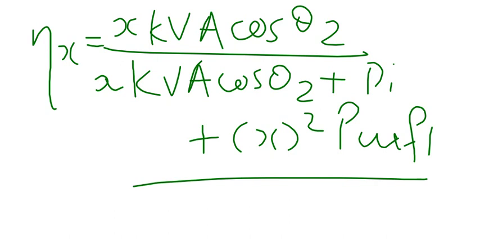This is the only formula which you have to use. X you have to take accordingly. Whenever you take kVA, please make sure that it is multiplied by 1000 so that you can keep Pi and PCU full load in watts only. This is one example. I will come up with one more example soon after this.